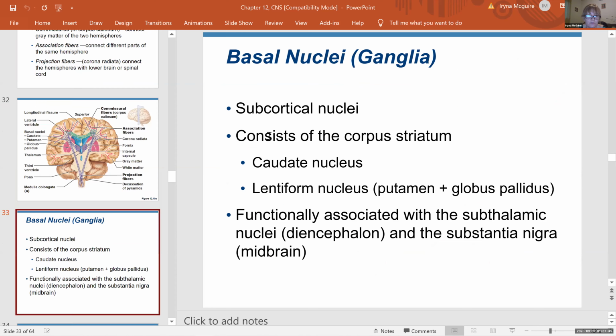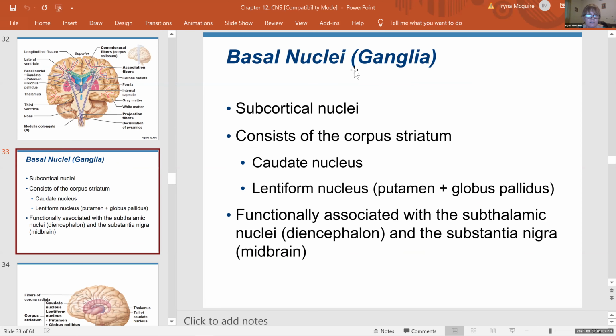And it says over here, we have basal ganglia, it's subcortical, meaning below the cortex. Nuclei means gray matter. And it consists of the corpus striatum, which is made of the caudate nucleus and the lentiform nucleus, and the lentiform nucleus is made of the putamen and globus pallidus.